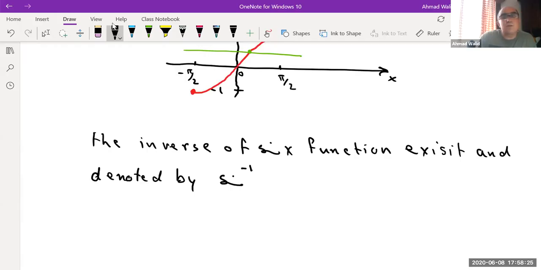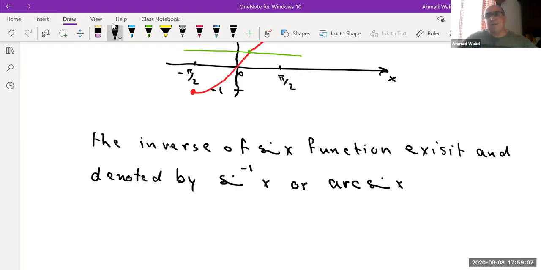I told you this is the worst notation that I saw in mathematics. Why -1? It's not sine to the power of -1. We read it as inverse sine or sine inverse of x. Or sometimes you see the notation arc sine x; they are the same. Arc sine means inverse sine. If you check your calculator, in some calculators it's written arc sine, and in some you see this inverse sine symbol. They have the same meaning, correct?